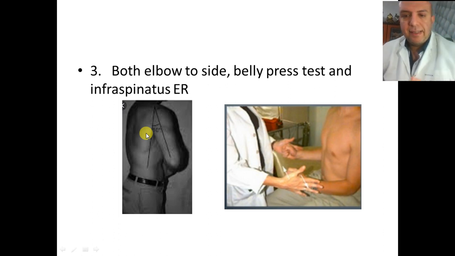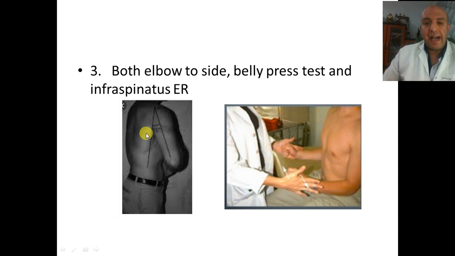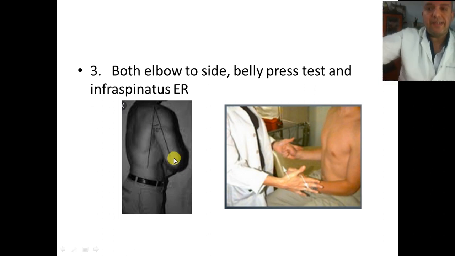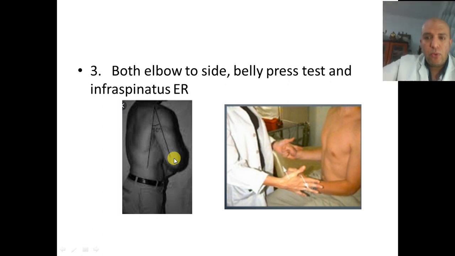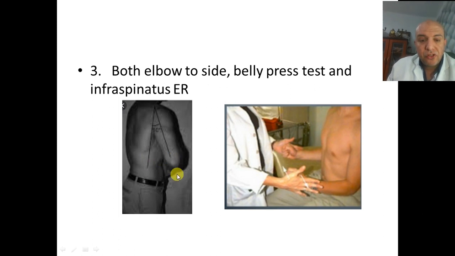Then belly press test with his hand in front of his abdomen, like this, and his elbow in front of his trunk. Press his belly. This position, with the elbow in front of the trunk, is just to make the movement come from the shoulder, because he can press his abdomen from the wrist and from the elbow.